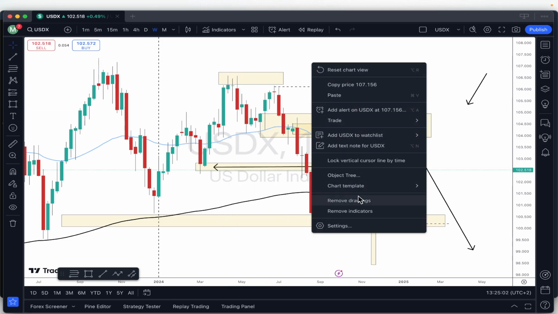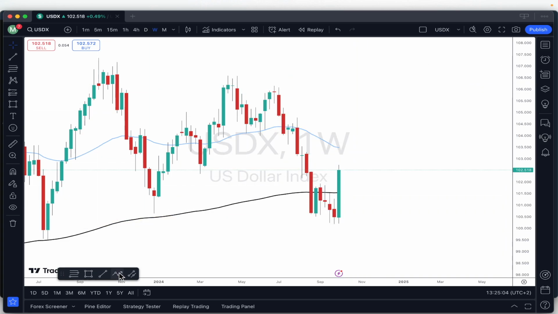All right, I'm just going to remove all these drawings and try and show you what I mean. So the market will bounce off this low, all right, and then probably come down to this low, all right, and then from there the market will start buying up to that neck line candle, or your order block, whichever you prefer, and then the market after that will have to sell all the way down.